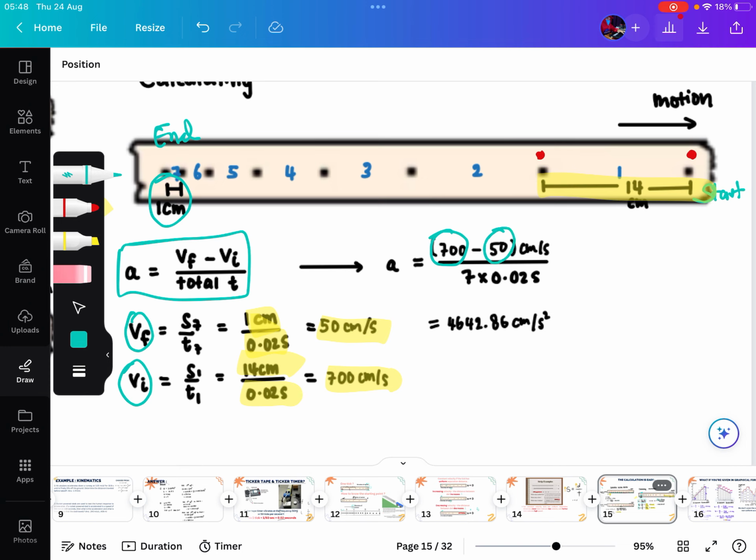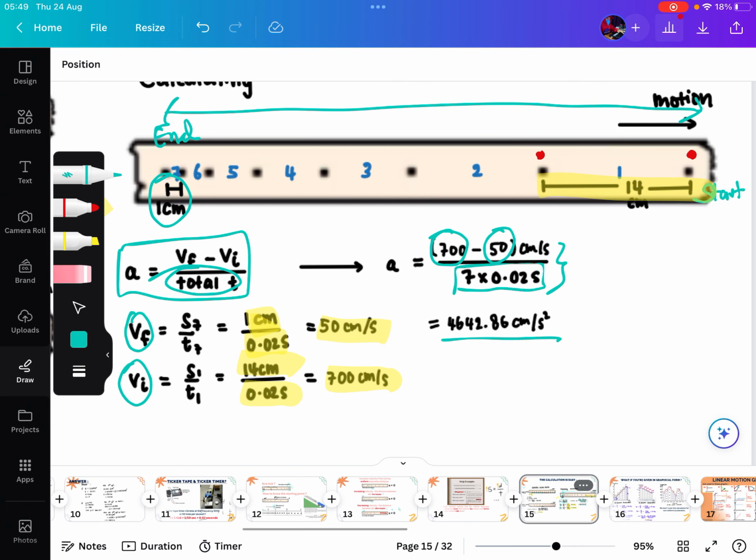Because we need to consider all together, it is 7 ticks, and you need to convert 7 ticks into seconds. 1 tick is 0.02 second, so you multiply 7 by 0.02, and then divide, and you will get 4,642.86 centimeter per second square. Okay, so I hope you understand.